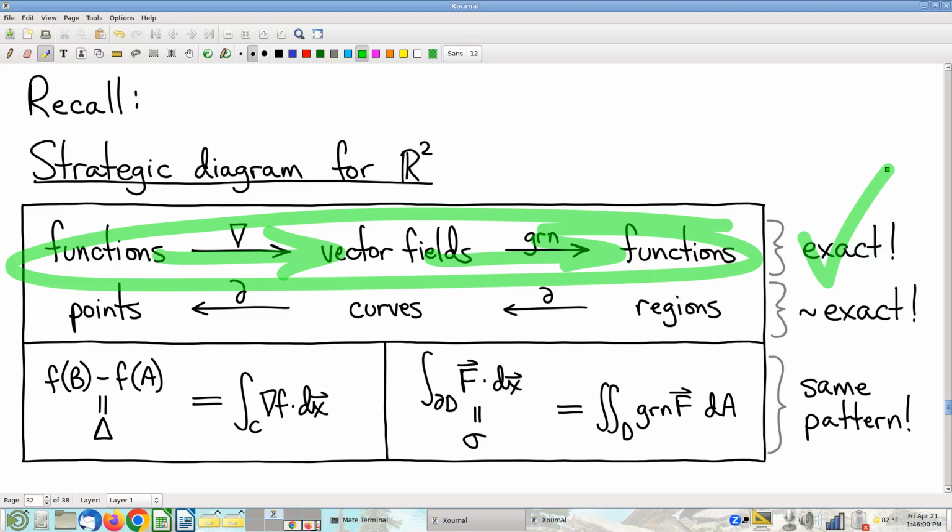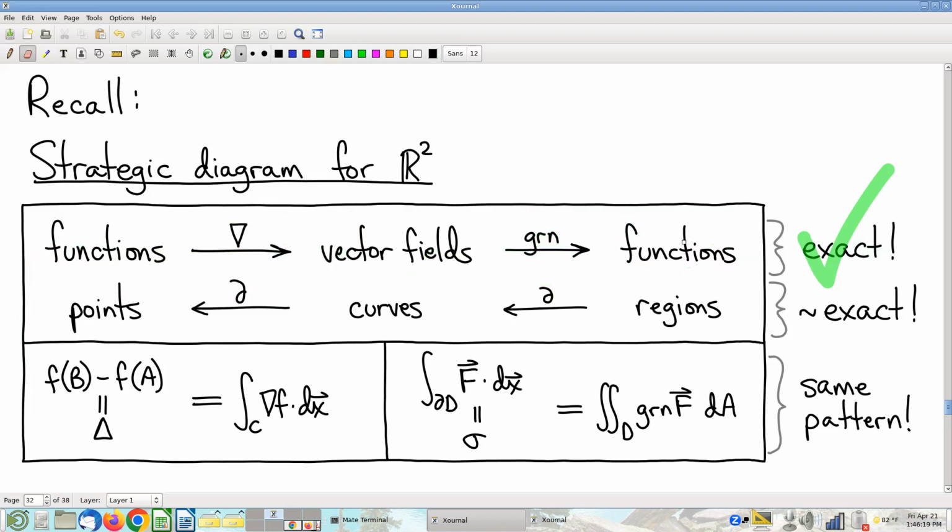So this is an exact sequence. Any vector field for which Green's operator is 0 is a gradient of some function, and for any gradient of a function, Green's operator is 0. That's a connection between the two different operators.